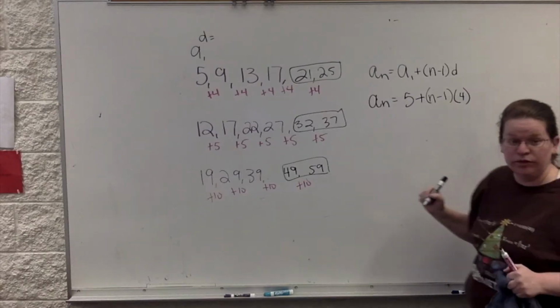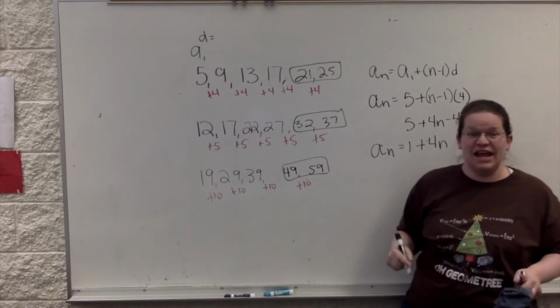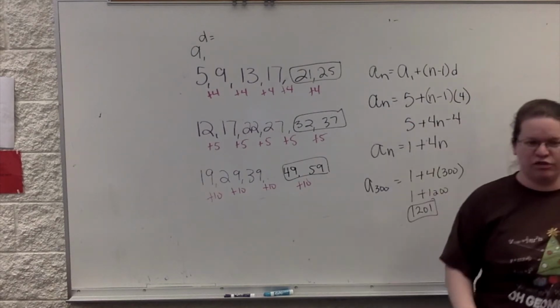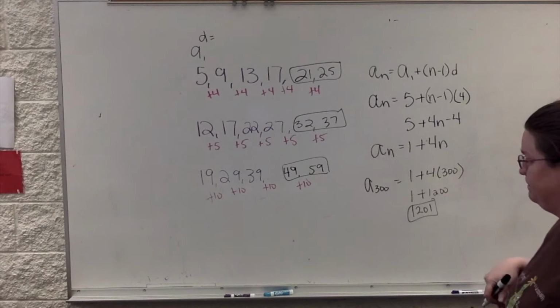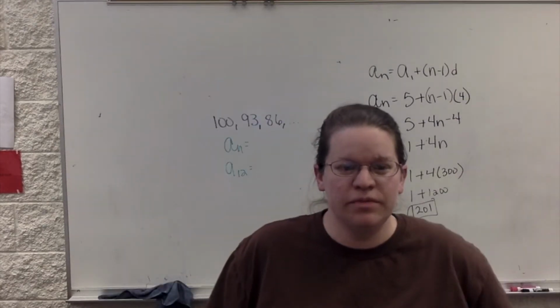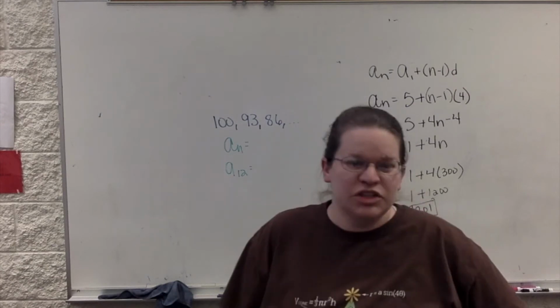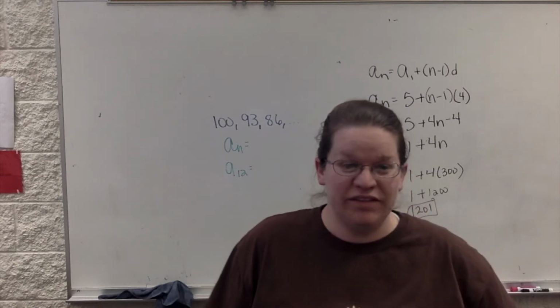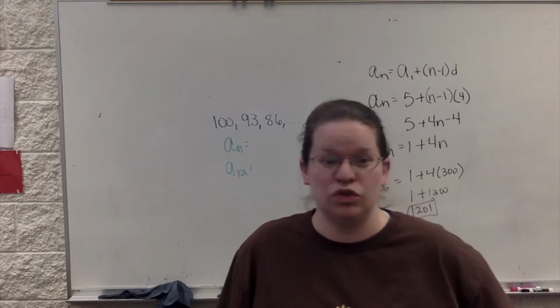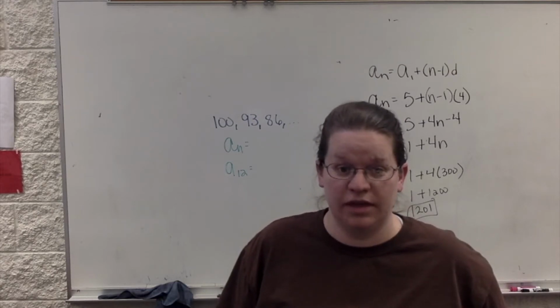And then you distribute. If I said, hey, let's find A sub 300, you just plug in 300 for n, and then you simplify. With some of these problems, you might think, like with this one, this is the 12th term I'm going to look for. You might think, well, I'm just going to list them out, that's faster. But the point of this is they're not all simple, and so we do use the formulas for some things.